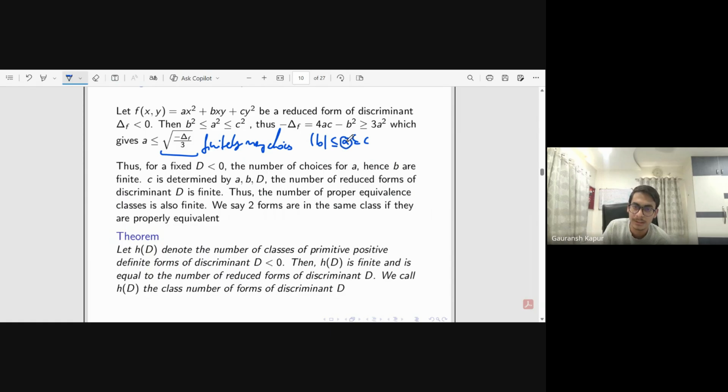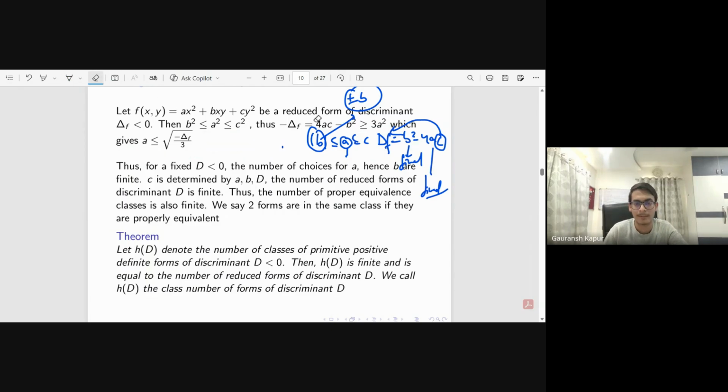So if a is bounded, then b is also bounded, because |b| bounded just means you get plus and minus signs. So b also has finitely many choices, and the discriminant is fixed. This is b² − 4ac. So if you have a particular value of b and of a, then c is automatically decided by the discriminant.